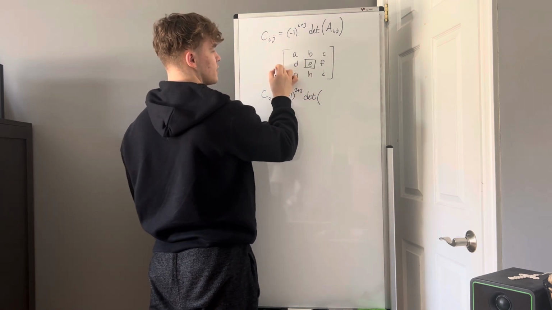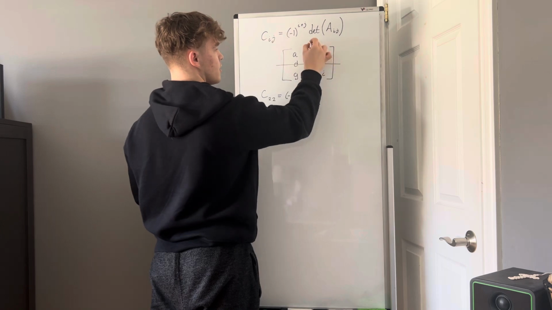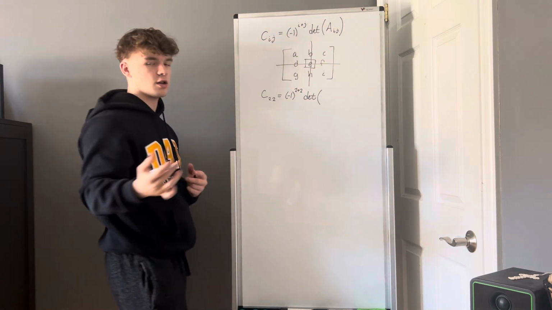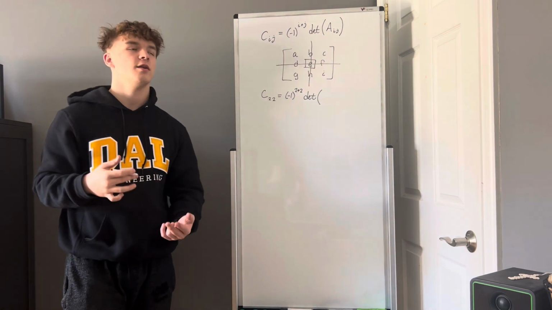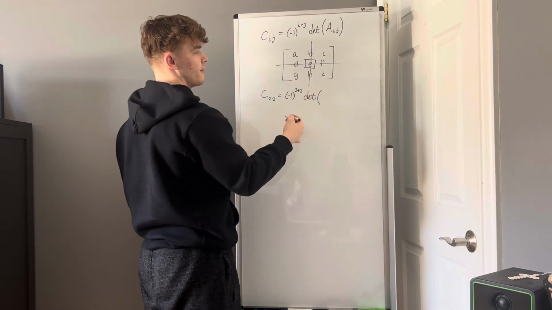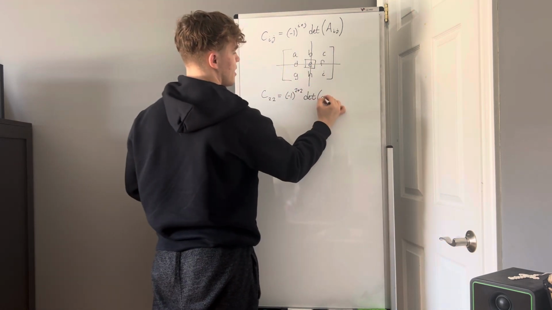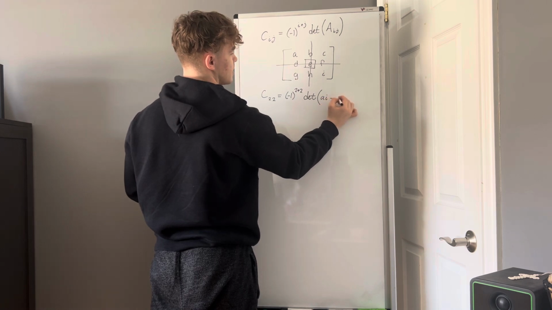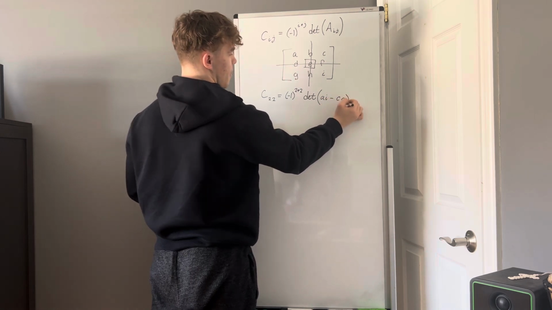To find that determinant, we're going to cross out the row that it's in and cross out the column that it's in. And it's going to be the determinant of what's left. So that's going to be A times I minus C times G.